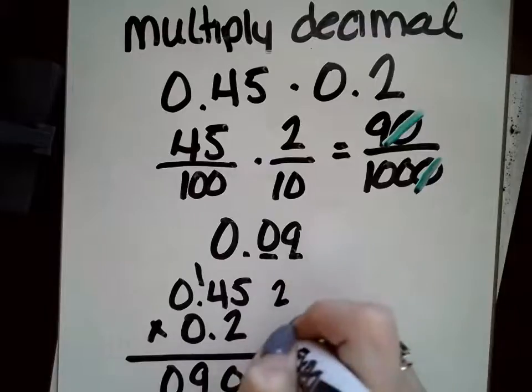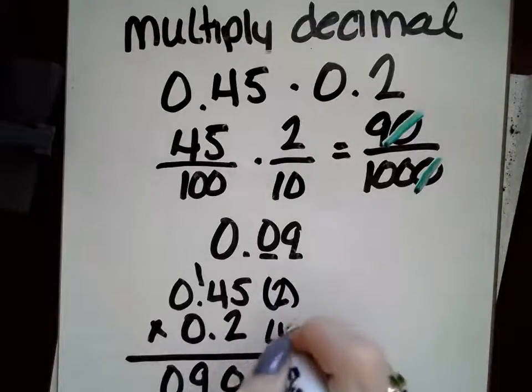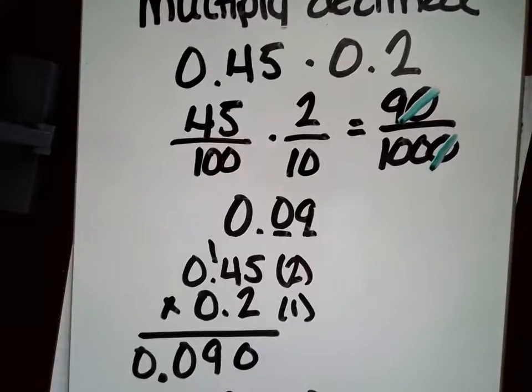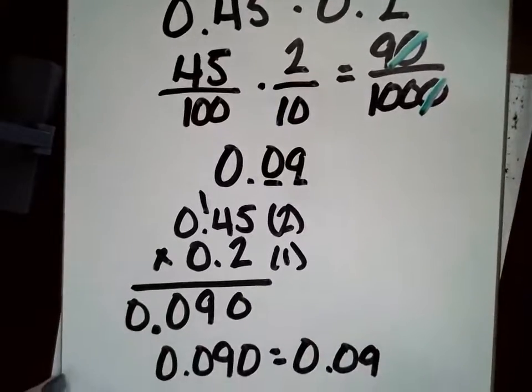We've got 2 decimal places, 1 decimal place, so we need 1, 2, 3 in our answer. But again, 0.090 is the same thing as 0.09. And in healthcare, we're not going to have that trailing 0. So it is just 9 hundredths.